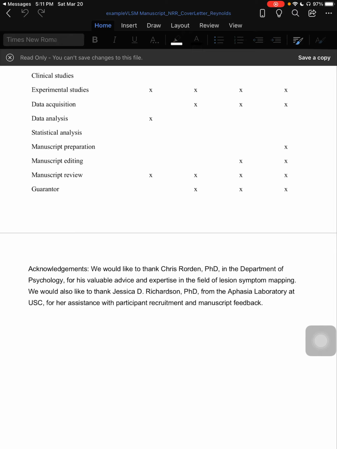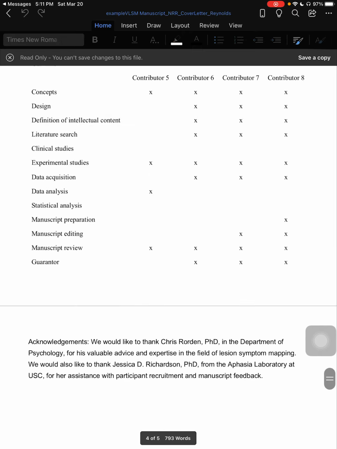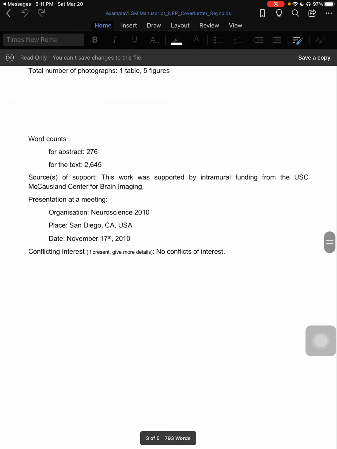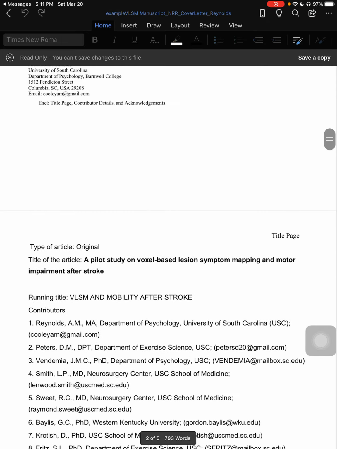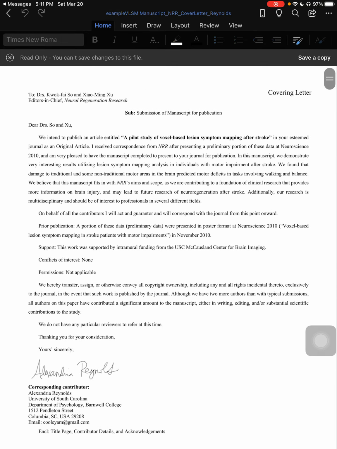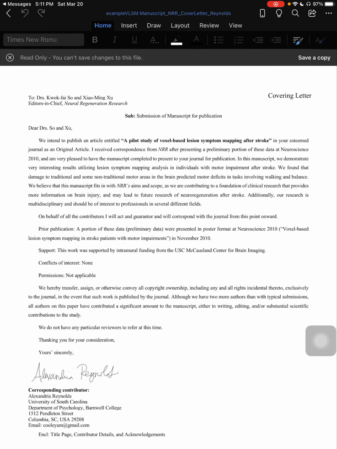particular manuscript. And then, of course, any acknowledgments that you might have, you can include on the cover letter as well. So the cover letter in and of itself is going to explain why this particular manuscript fits in with the journal's mission, requesting the publication because it contributes in this way to research. Okay.